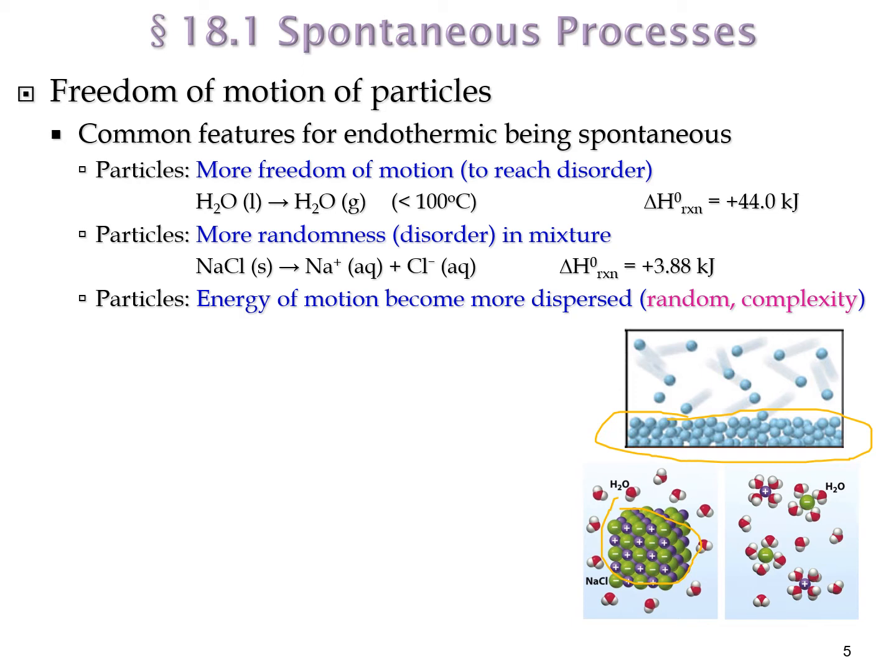Sodium chloride gains energy and becomes more energetic. So we dissipated the energy from move, not move, to all move. That is another driving force. Because when sodium and chloride start moving around in solution, they reach randomness and disorder.